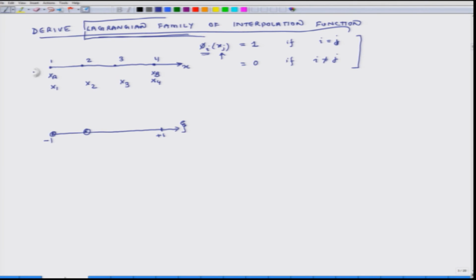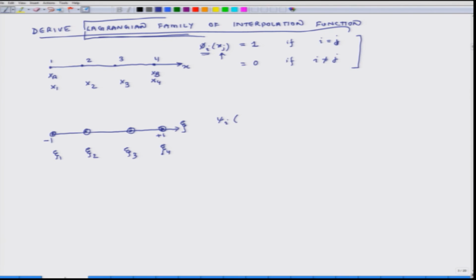If I have 4 nodes in the x domain, then it will have 4 nodes in the zeta domain also. So, this is zeta 1, zeta 2, zeta 3, zeta 4. And here I call these functions psi, just to differentiate, that is all.